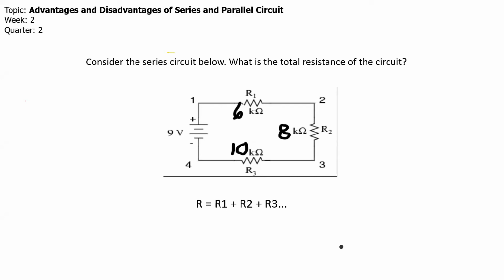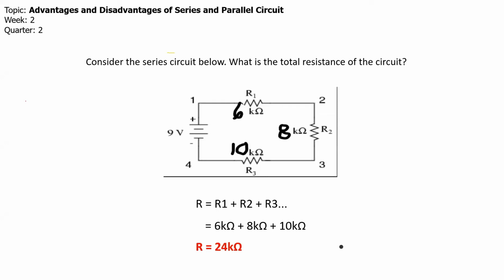So we have 24. So 6 plus 8 plus 10 is equal to 24. Kani, there were some of you wala napansin ang K. K stands for kilo, which means kilo ohms siya. Dili siya ohms lang or ohm. Okay?